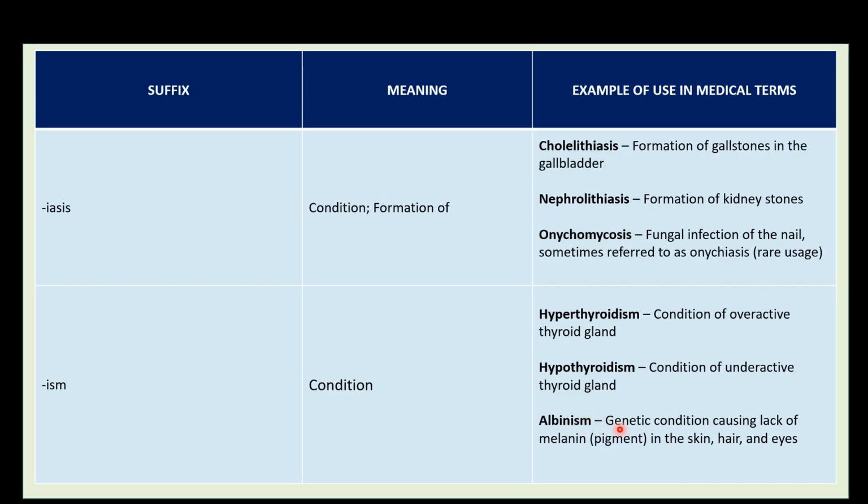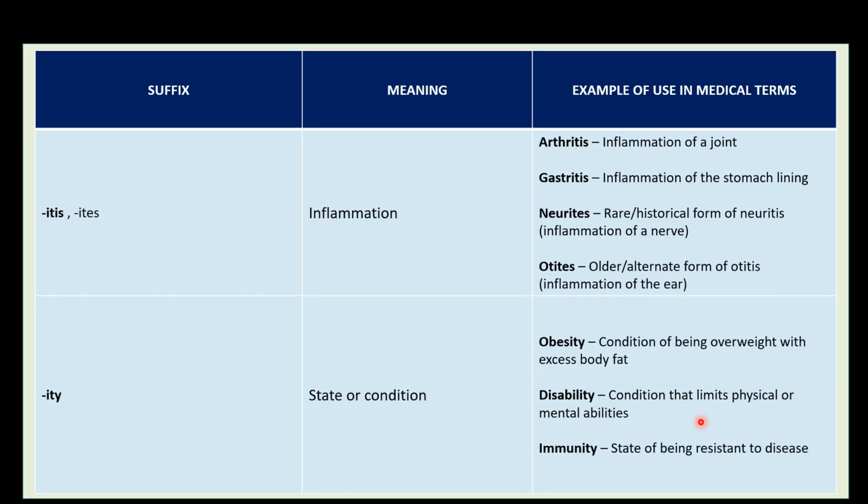This is a genetic condition causing a lack of melanin pigment in the skin, hair and eyes. In these three examples, what is common is condition: condition of overactive thyroid gland, condition of underactive thyroid gland, and genetic condition causing lack of melanin pigment in the skin. Clear? Fine, let's move to the next example.